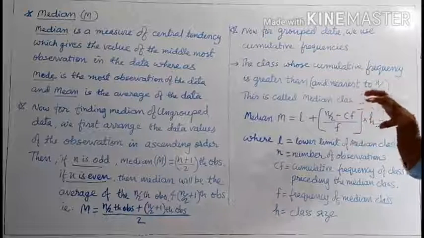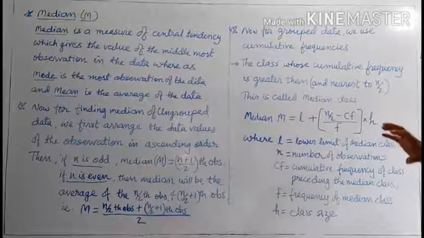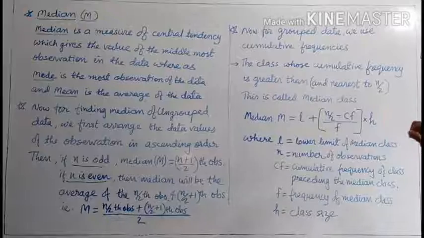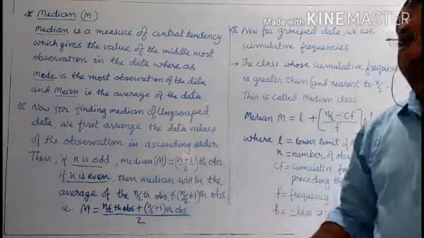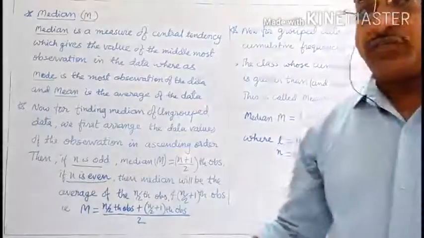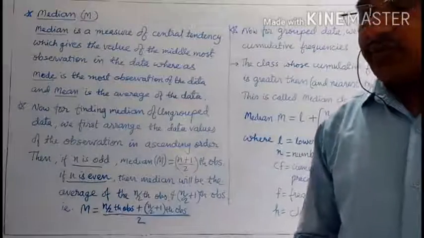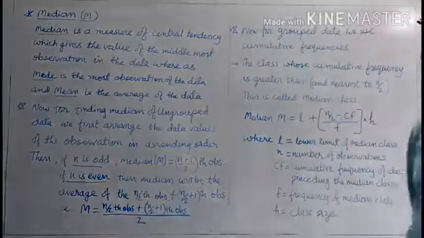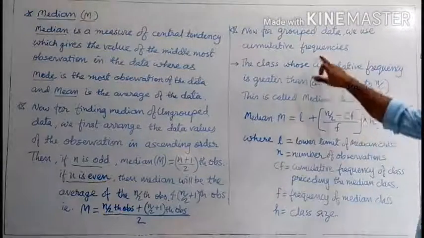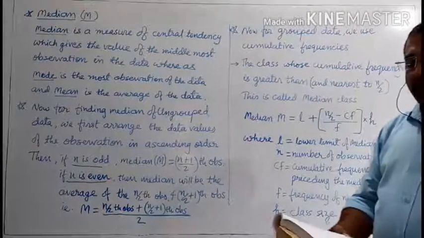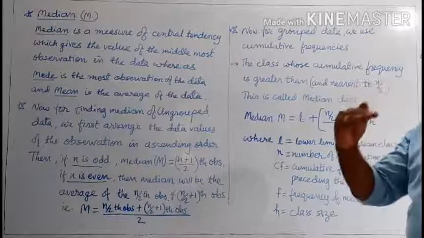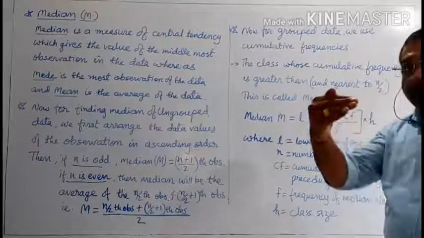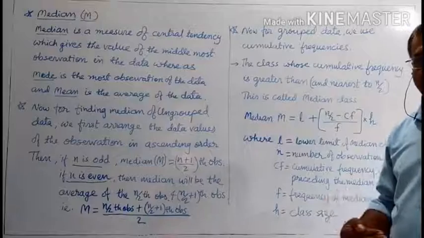So what is cumulative frequency? Cumulative frequency is the frequency obtained by adding the frequency of the class with its previous classes.